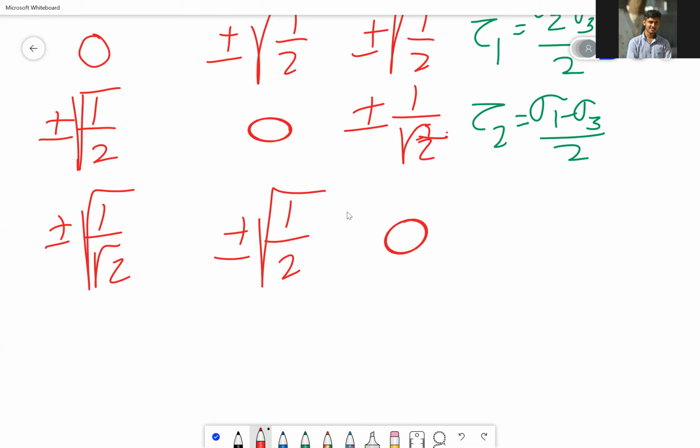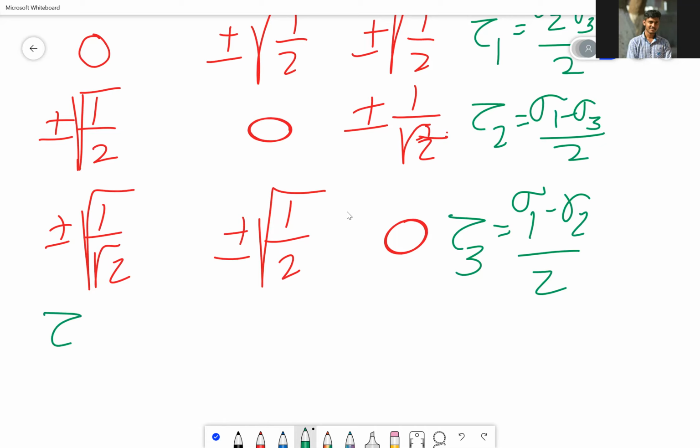If you put it in that way, we'll find that tau 3 will be sigma 1 minus sigma 2 by 2. So in that way, we'll find the value.